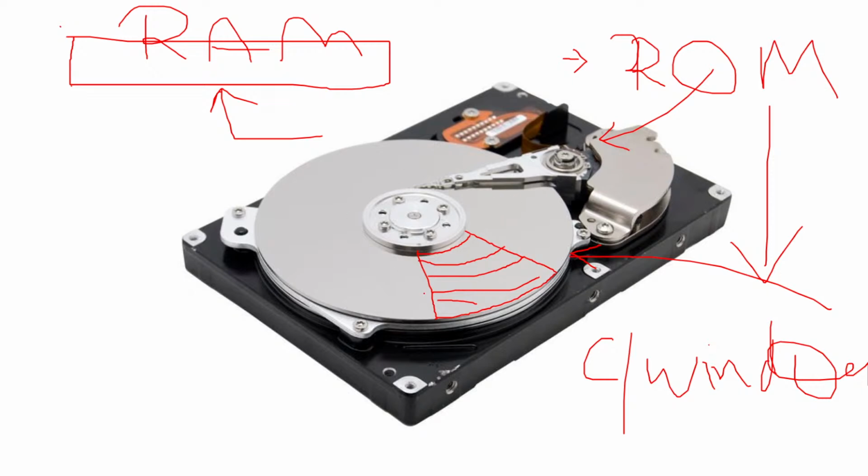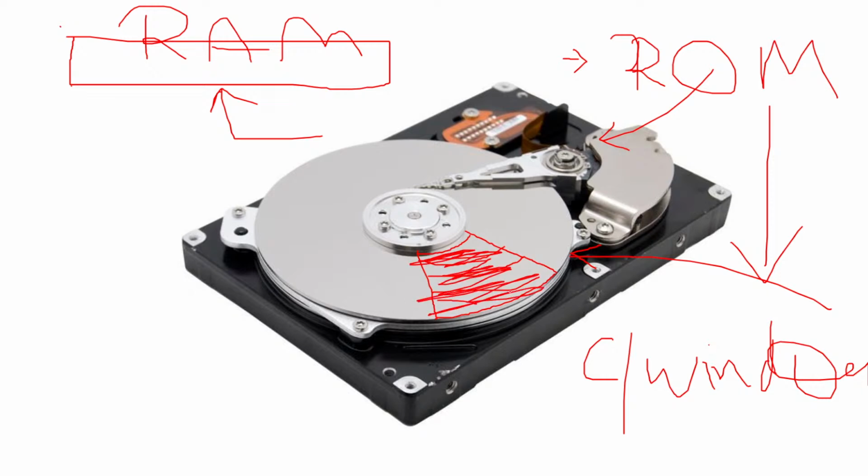Your hard disk, if you shut down, are you losing the data? So what happens? Hard disks are slow. ROM is slow. That's why we require RAM. RAM is 10 times faster than ROM. And what happens when you start your computer? So this is the data of your OS.